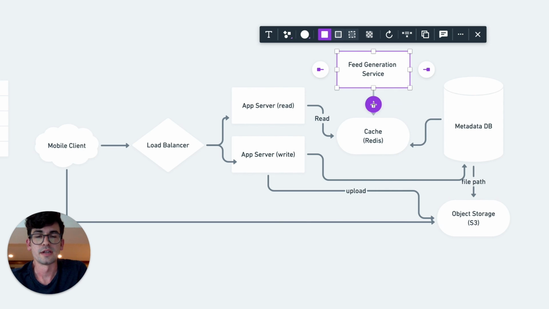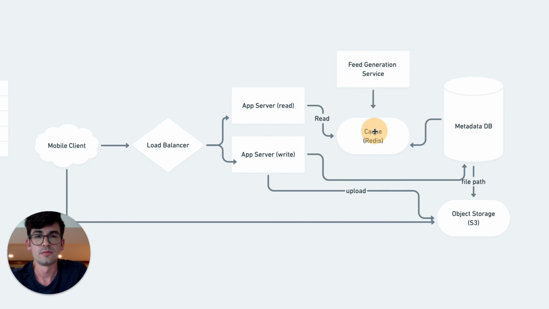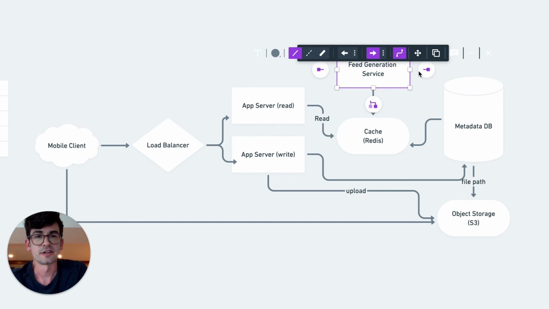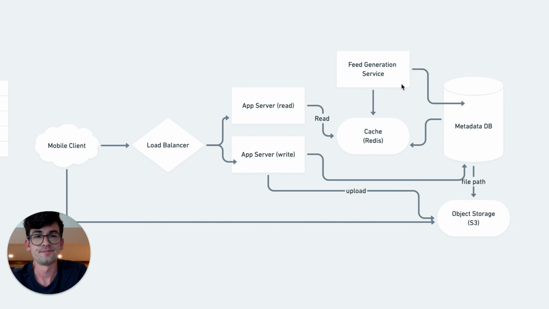This service would access our cache as well as our database. Depending on the requirements of the feed that we want, it would be operating on a schedule, perhaps generating a new feed for each user on an hourly basis.